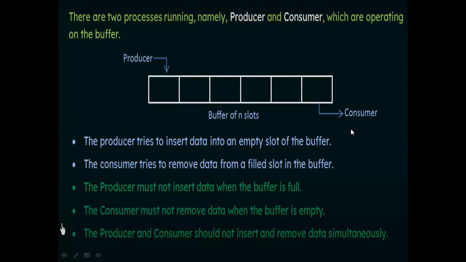And in another case, the consumer process may not remove the data when the buffer is empty. That is, if there is no data filled in the buffer, the consumer process may not be able to remove the data from the empty buffer. Okay. So the producer and the consumer should not insert and remove the data simultaneously.